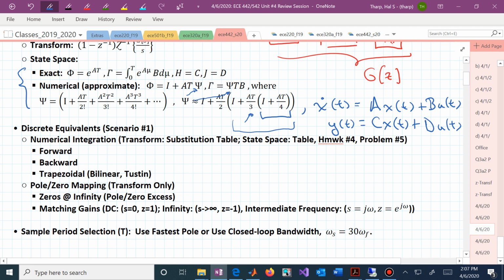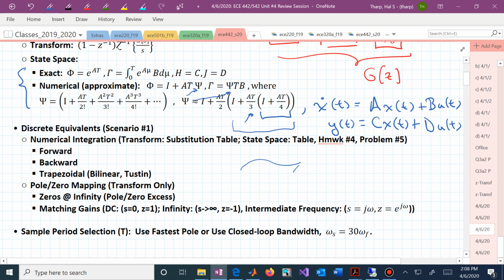In numerical integration, you could do that in the transform setting, and we have a substitution table for that, or you could do it in the state space setting, and there was a table in homework number 4, problem number 5, that summarized those relationships, and those are true for, remember, we are now trying to do this numerical integration, and now maybe we want to figure out how do we approximate this last little add-on piece.